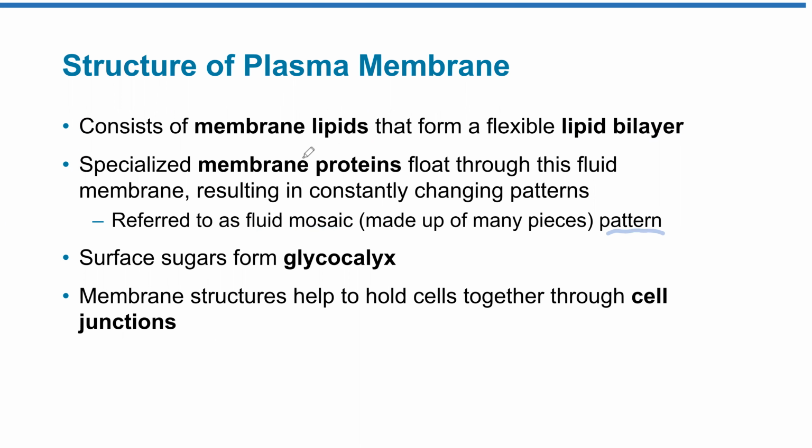What it means is that those proteins inside the membrane are not located in one specific spot. They float through this lipid bilayer. The surface of a cell is covered by sugar, which forms the glycocalyx. Membrane structure helps to hold cells together through cell junctions.